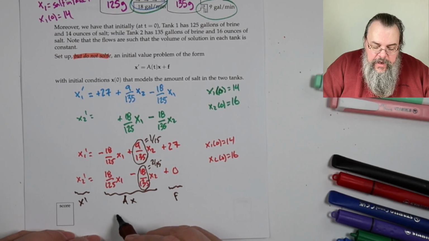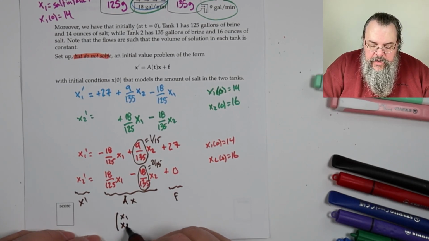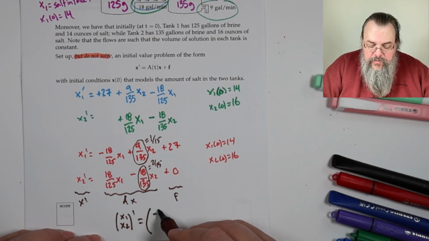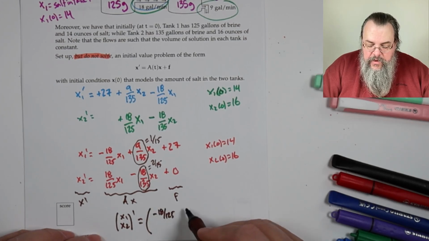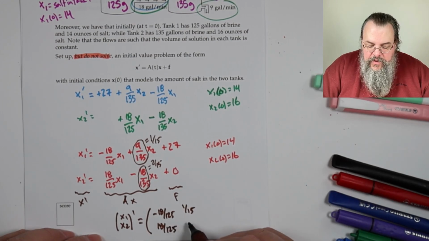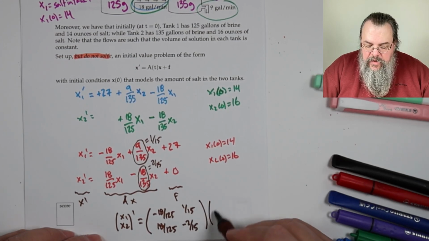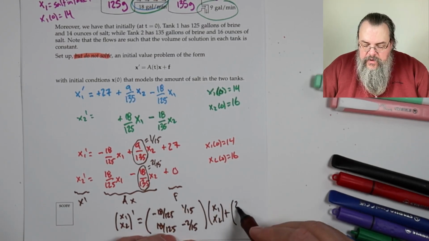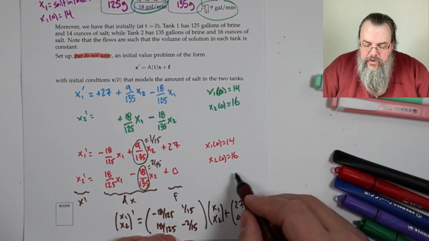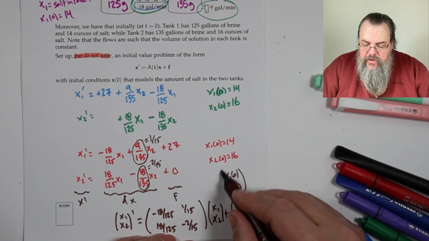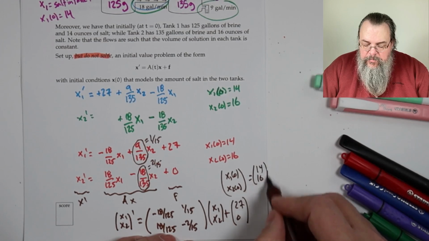So what we have is x1, x2 prime is equal to, and now putting in the coefficients, minus 18 over 125, 1 over 15, 18 over 125, and minus 2 over 15 times x1, x2, plus this vector, 27, 0, with x1(0), x2(0) equals 14, 16.